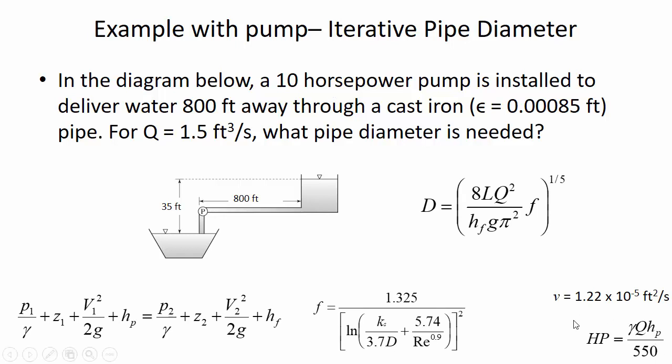First of all, the relationship between horsepower and pump head for a certain unit weight and flow rate. So that's essentially the power equation that we saw in fluid mechanics. The power equation was just gamma times Q times HP if we wanted watts for power.